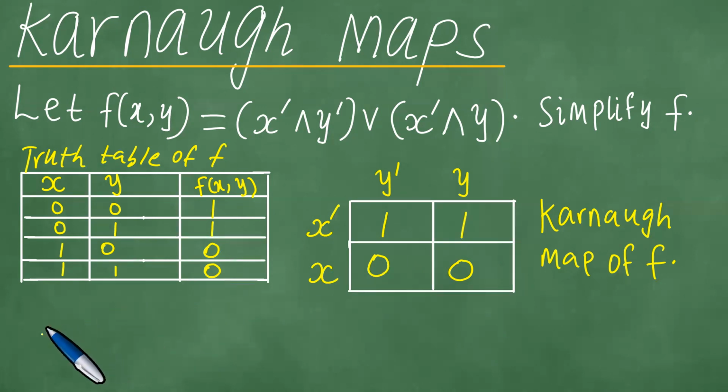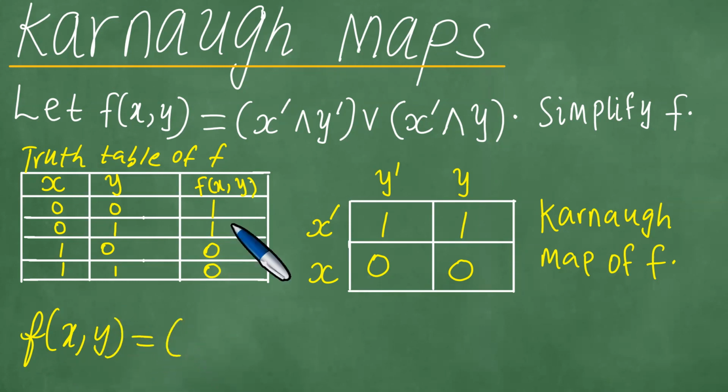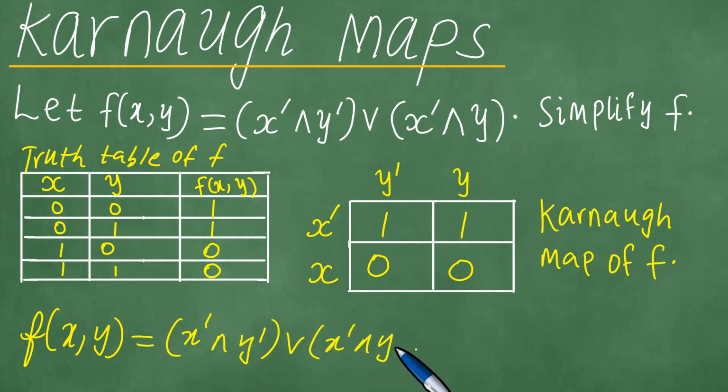And this Karnaugh map of f then means that we can write the function x and y, which is exactly from here, from the top here, we were given the Boolean function x primed and y primed, or x primed and y. And this Boolean function has particular symbolism.